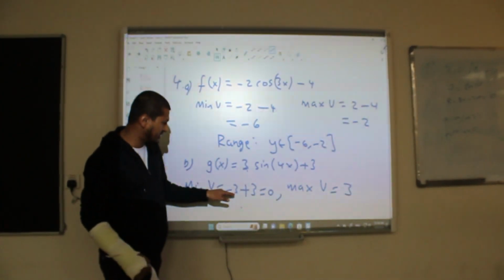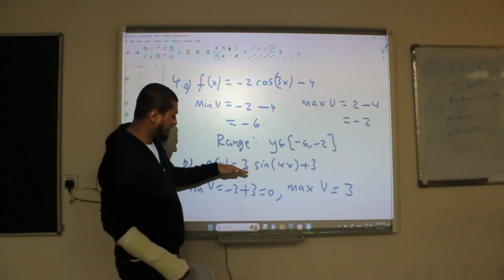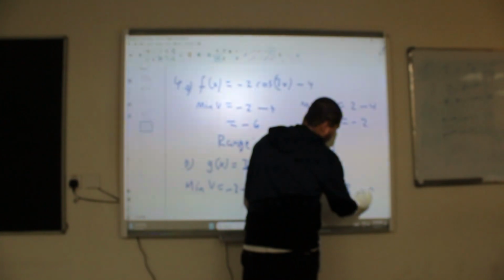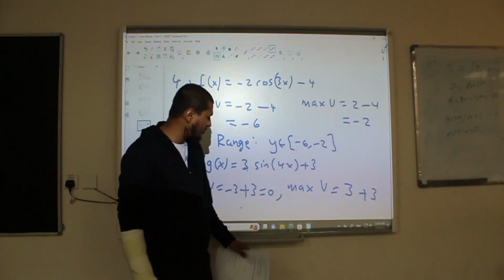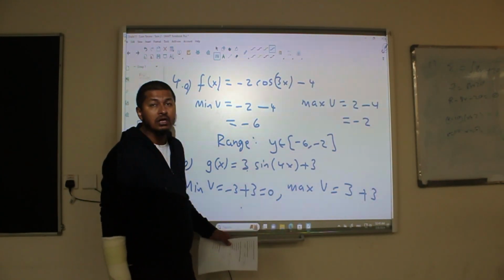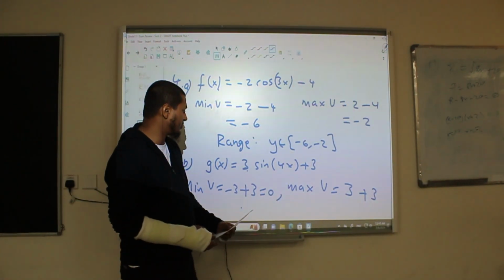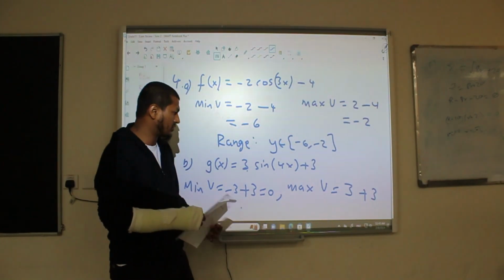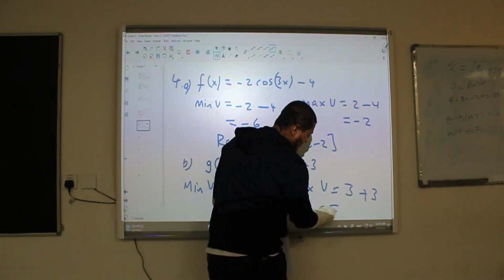You start with 3 and then we add 3. Why we add the 3 at the end here as well is because this graph was translated 3 units upwards. So we have the maximum value which is 6.